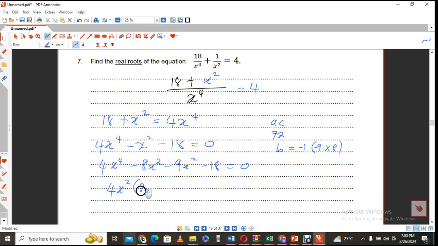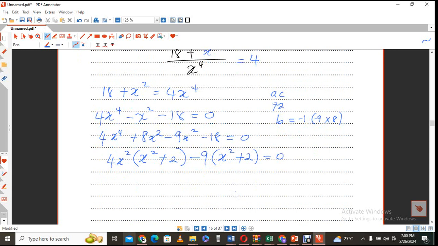That will leave you with x squared minus 2. Now, this one should be a positive 8 because you have a positive 8 over there. So plus 2. And here you have a negative 9, which is common, which is going to be x squared plus 2. So at the end of the day now, if I factor out, the common factor is x squared plus 2.